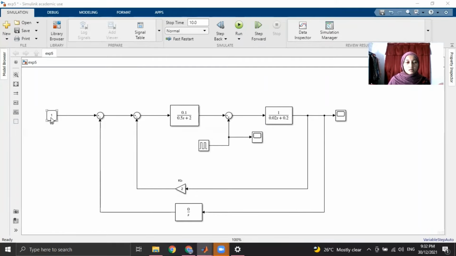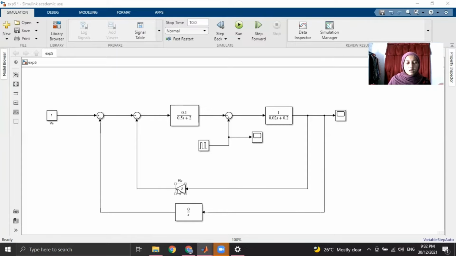This one is the VA sum. We have a sum, and then two transfer functions with different numerators and denominators. And this one is a pulse generator, and two scopes connect with the pulse generator, and also the scope is connected to the transfer function.